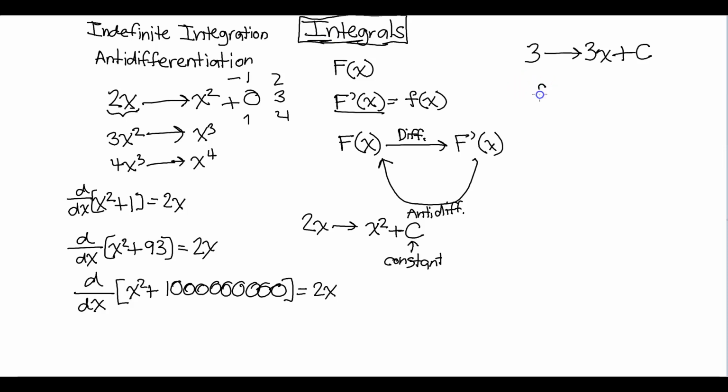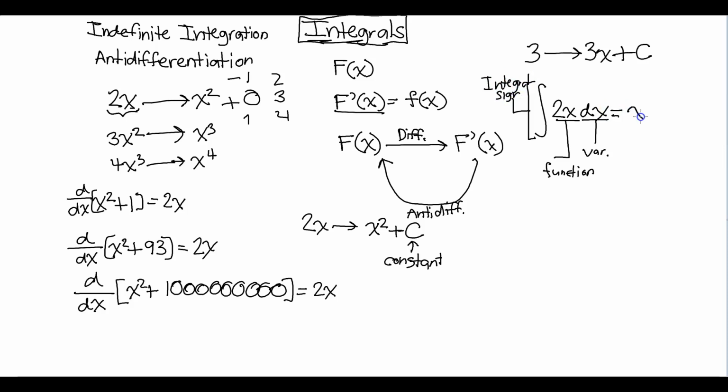So we say that the integral of 2x with respect to x, this dx you have to put there. This is what variable you're integrating. This is your function, and this is your integral sign. You always put your integral sign over here.